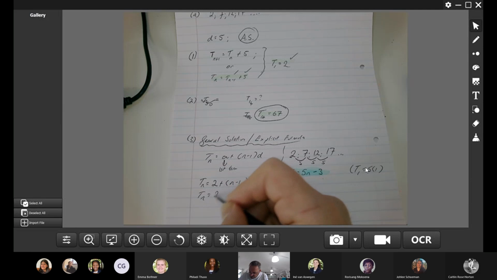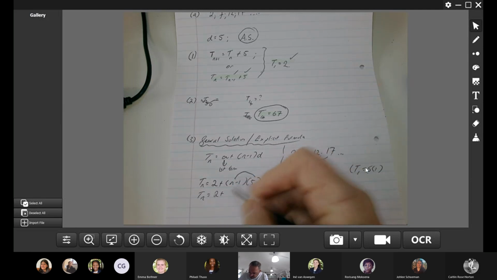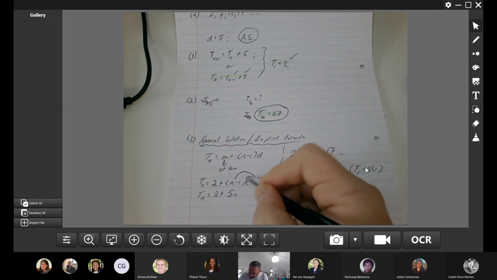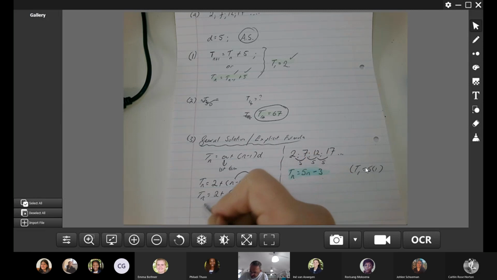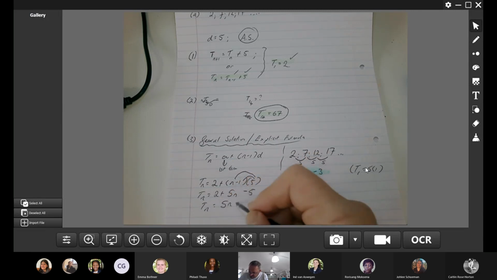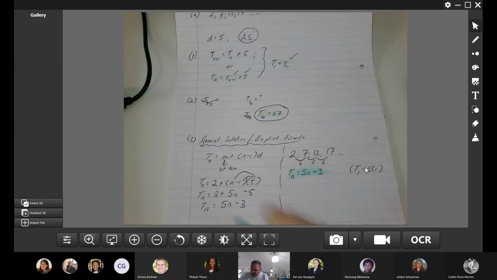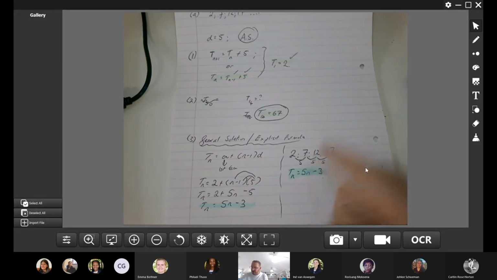I get term n is equal to 2 plus 5n minus 5. If I add like terms, I get term n is equal to 5n minus 5 plus 2, which is 5n minus 3. Either way, you get the same answer. It's entirely up to you which method you prefer, either by inspection or by the formula. Either way, it's fine. But there's your answer for question 3: term n is equal to 5n minus 3.